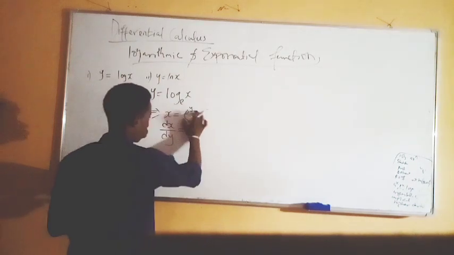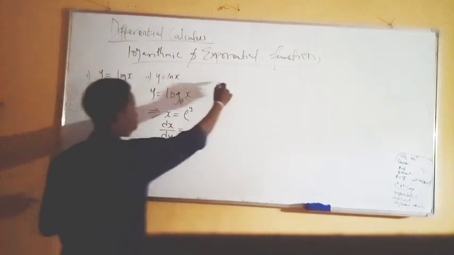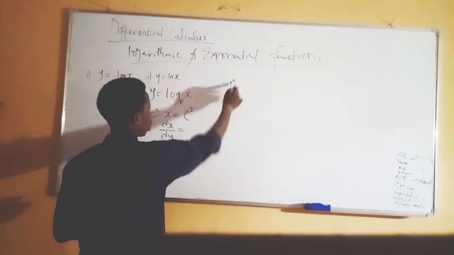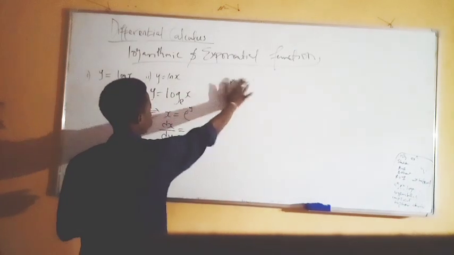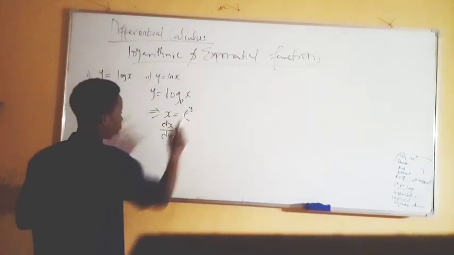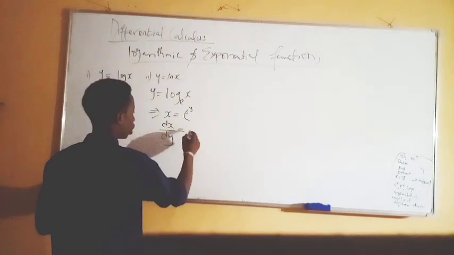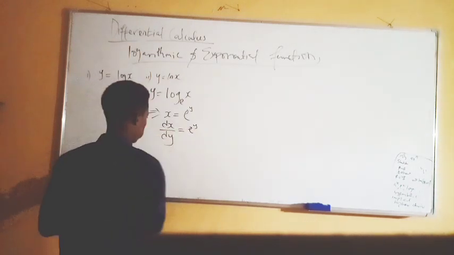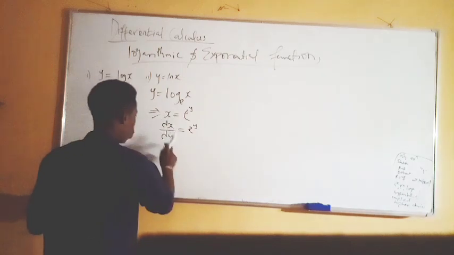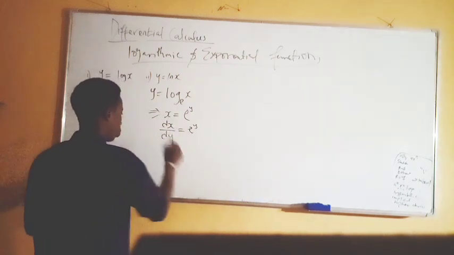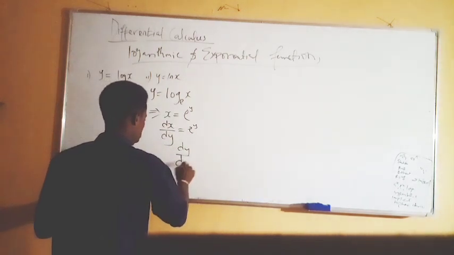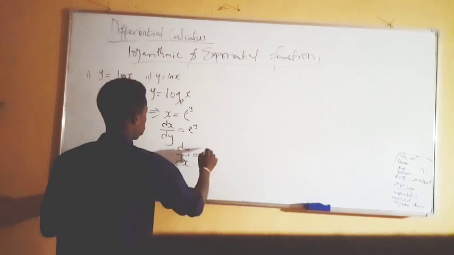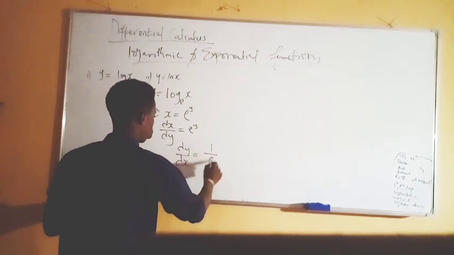Remember when I said if y is equal to e raised to power x, if we differentiate it, we get the same function. So differentiating e raised to power y with respect to y gives us the same thing. So dx/dy gives us this, which implies that dy/dx will give us 1 over e raised to power y.